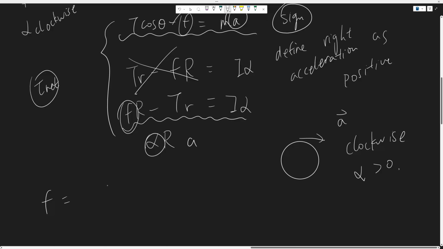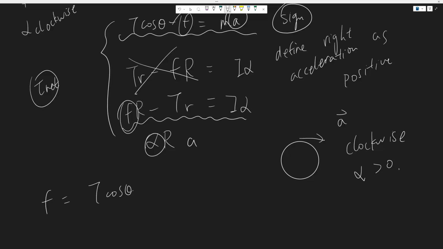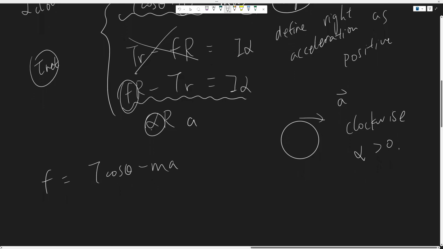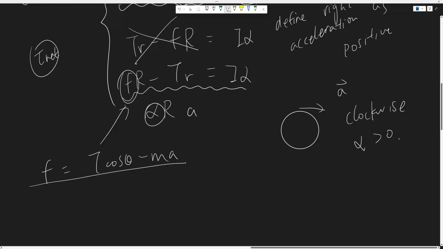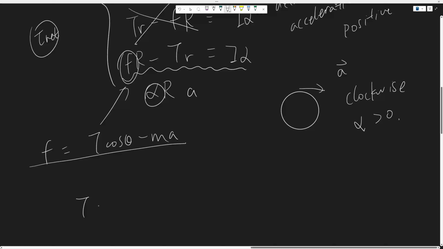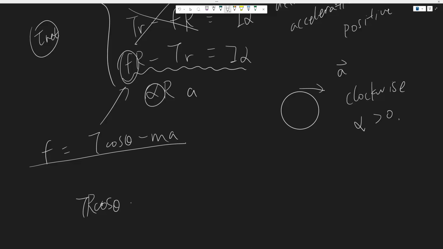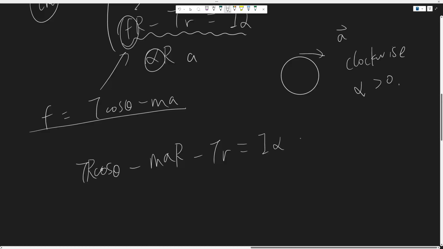So friction equals to T cosine theta minus ma. And so let's sub that formula back to here. We have TR cosine theta minus maR minus Tr equals to I alpha. And remember, I alpha can be written as Ia over R.